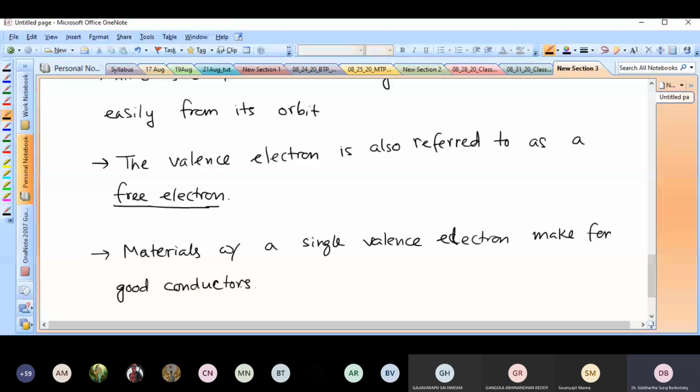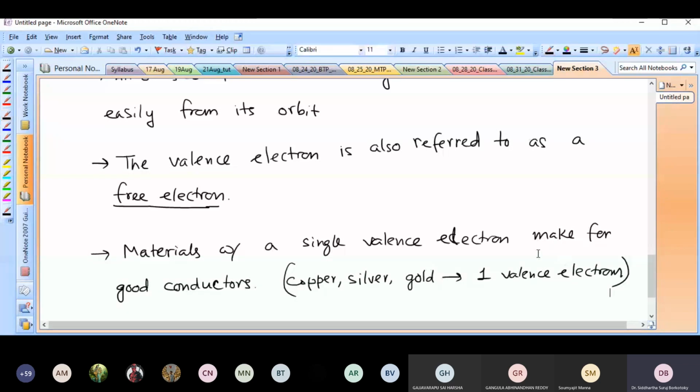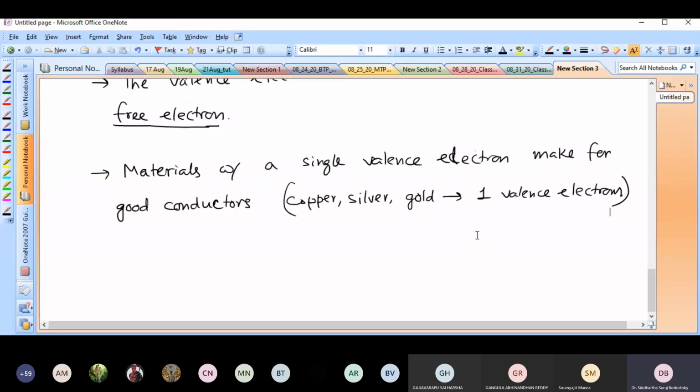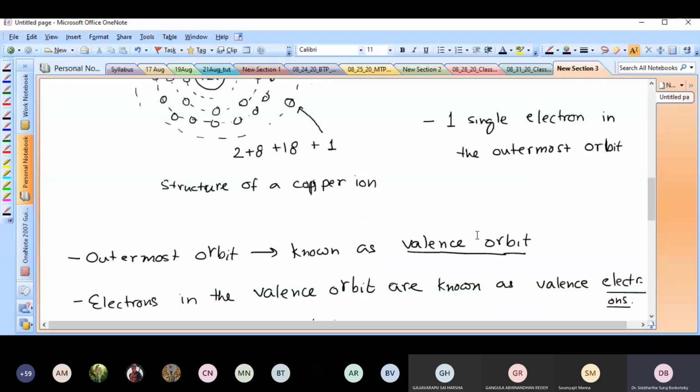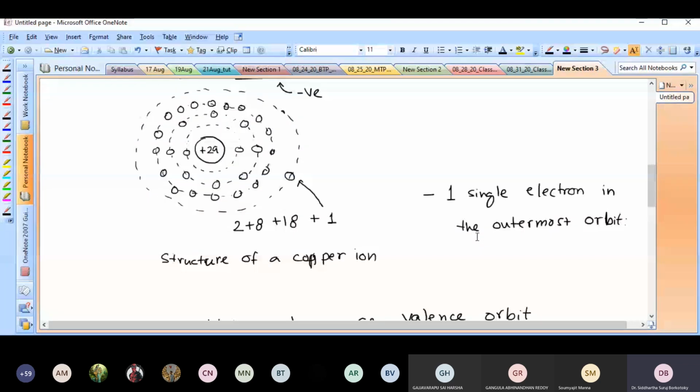Copper, silver, gold, all of these have one valence electron, so these are very good conductors. Okay, so that is about conductors. But what we are concerned about is not conductors but semiconductors.